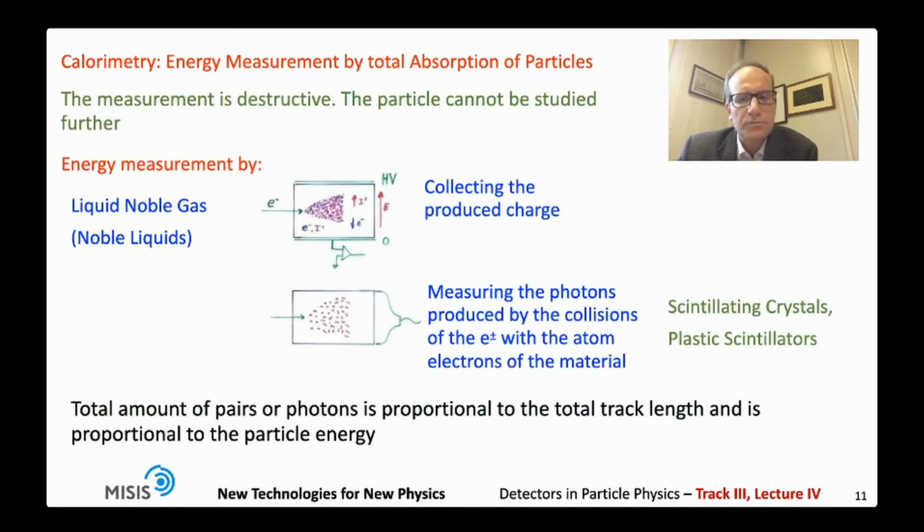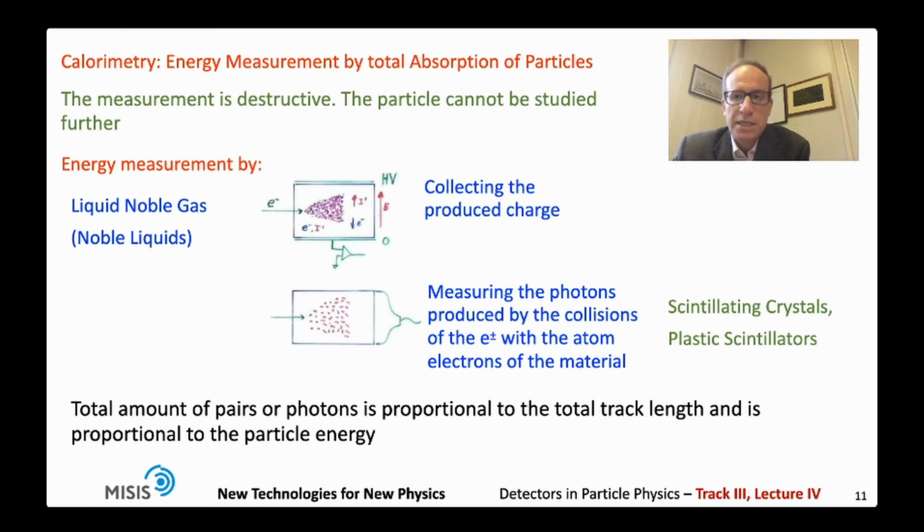Then the way you can actually collect a signal can be different. When you produce electron-ion pairs by the ionization of the medium, you can collect the charge which is produced, and you measure the charge which is collected after this ionization process.